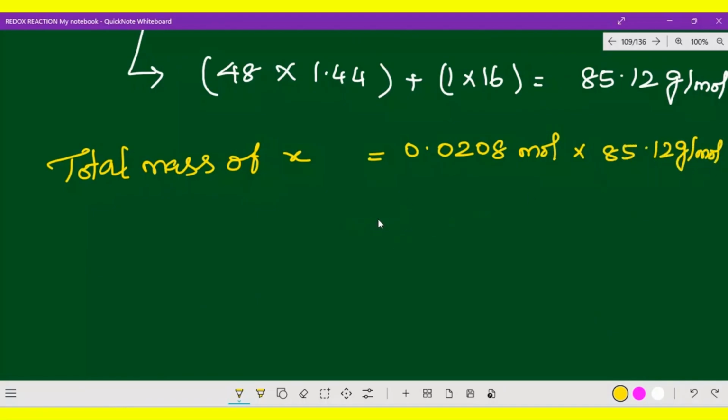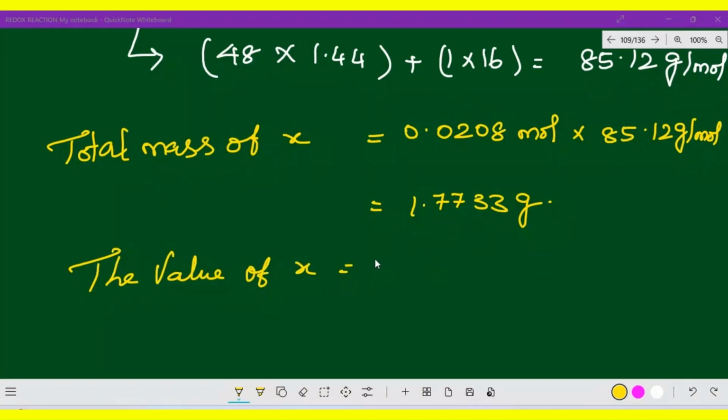How much will you get? 1.7733 gram. So the value of X is 1.77 gram. Come on, let us identify the option.